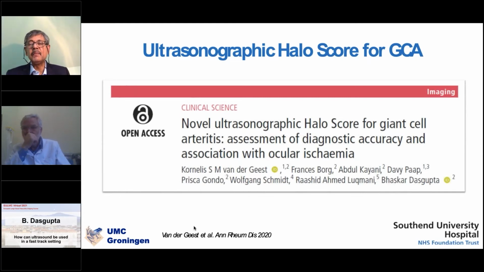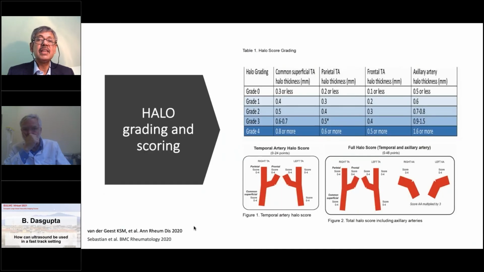And we at that time came up with a semi-quantitative score, but now we think that we actually have a quantitative score which has been published and certainly shows association with diagnostic accuracy and with ocular ischemia.